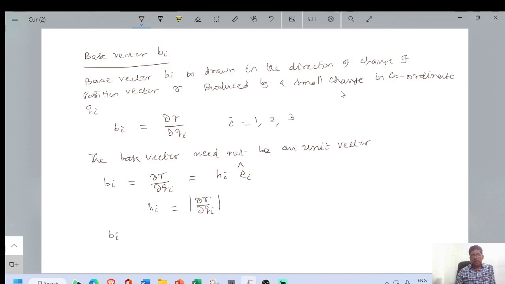Now Bi equal to modulus of dou r divided by dou qi into ei cap. The unit vector ei cap is equal to dou r divided by dou qi divided by modulus of dou r by dou qi. This is the value of unit vector.